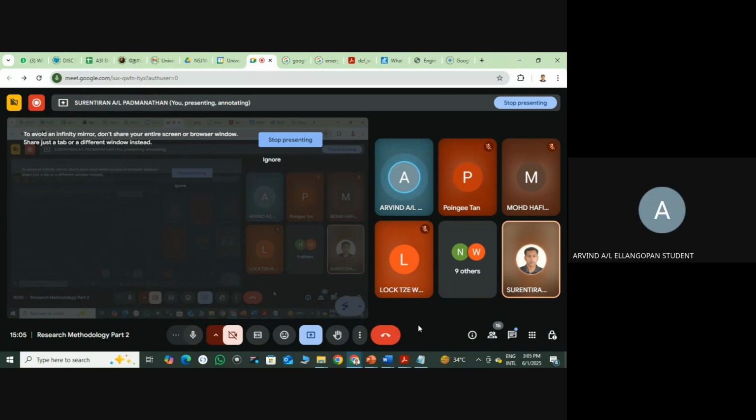So what are the models that we use? Is it an empirical model or mathematical proof or proof by demonstration? So I think mathematical and demonstration will be enough. Okay, so empirical and mathematical. Any other suggestions?